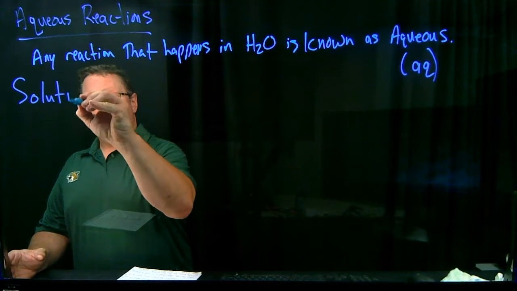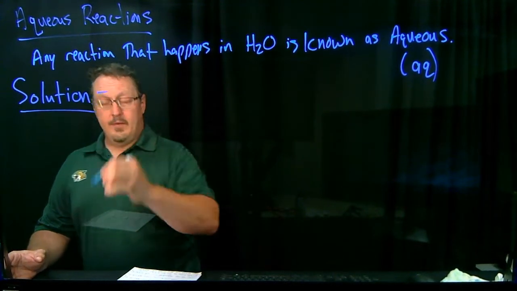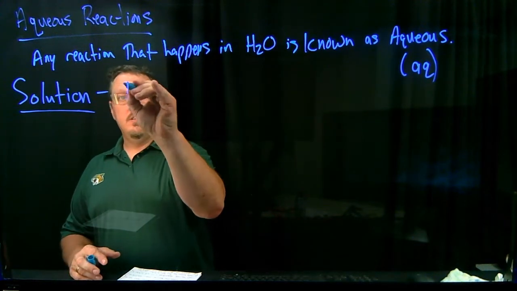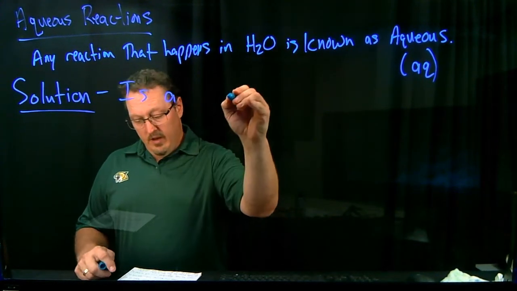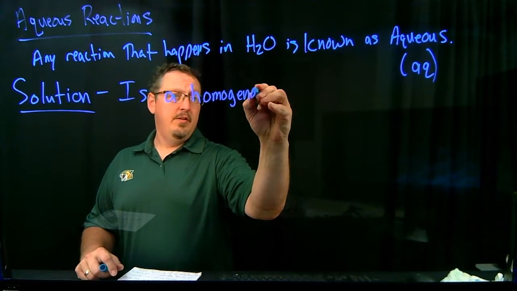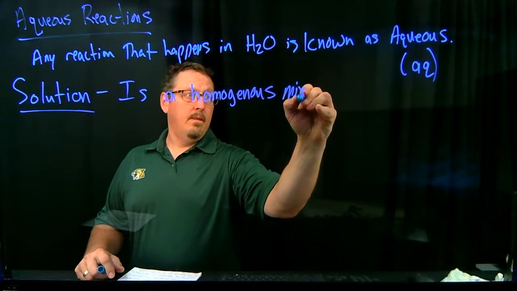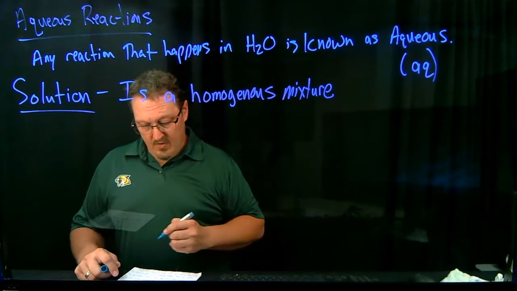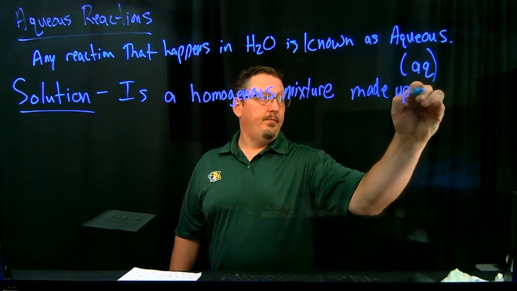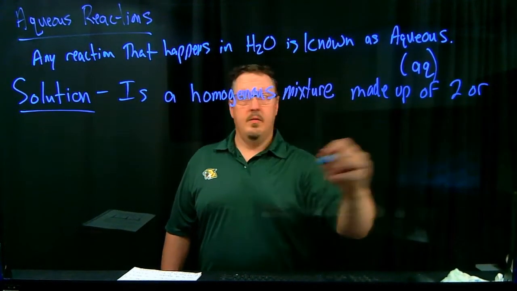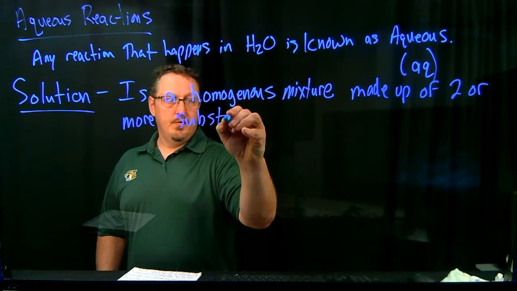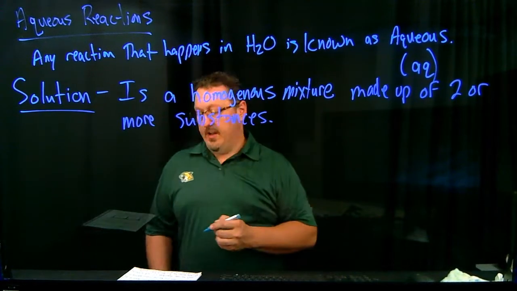Solution. All right, and so a solution, in our definition, is going to be a homogeneous mixture made up of two or more substances. That's a pretty easy definition for us to use, and that's what we're going to look for.